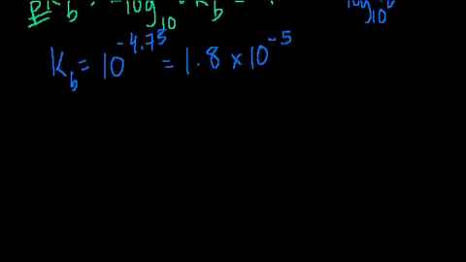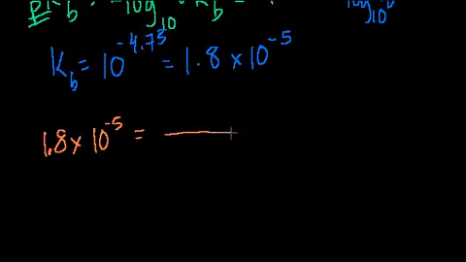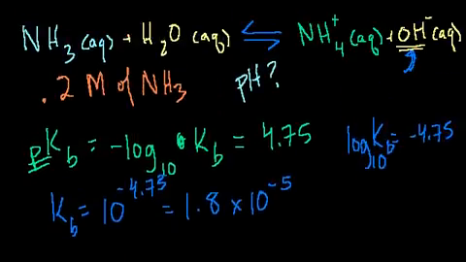So this equilibrium constant formula would look like this: 1.8 times 10 to the minus 5 will be equal to, in the denominator, our concentration of reactants. Remember, you don't include the solvent, so you only include the NH3.